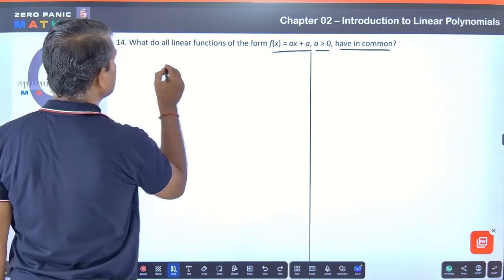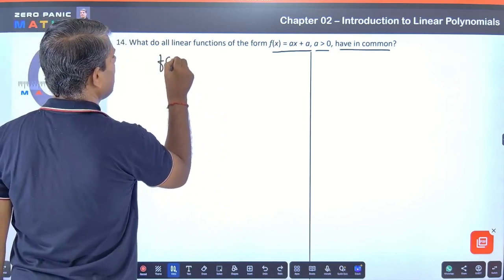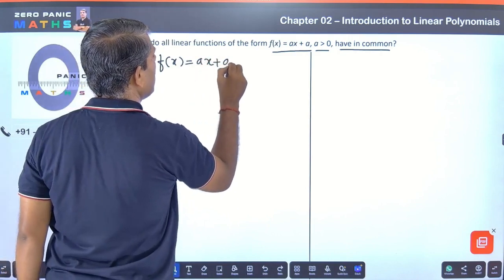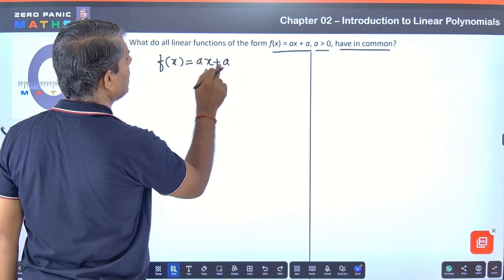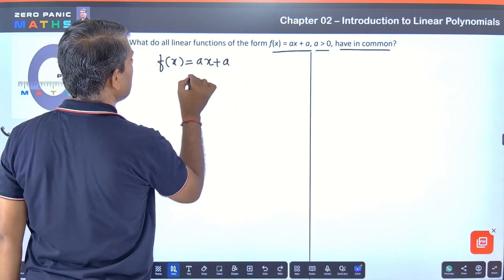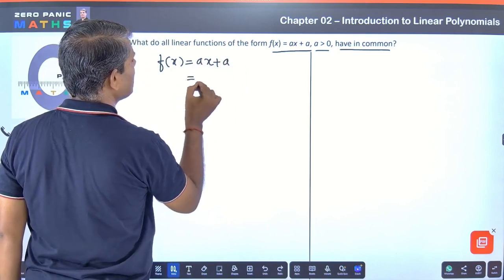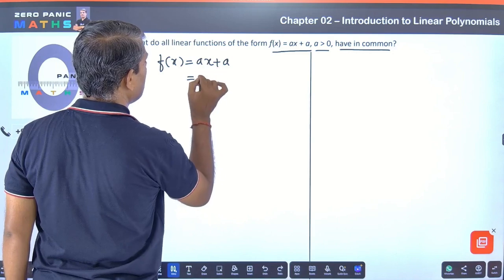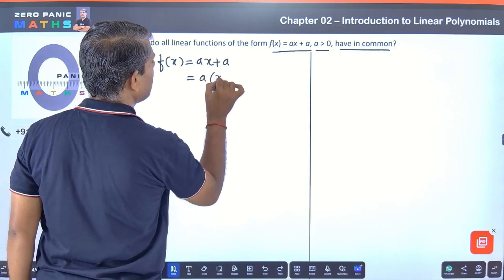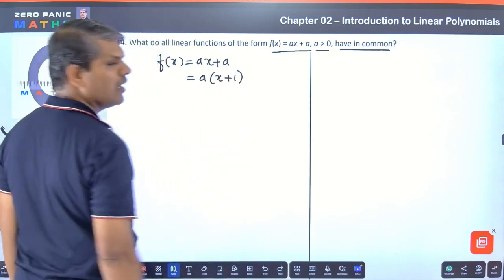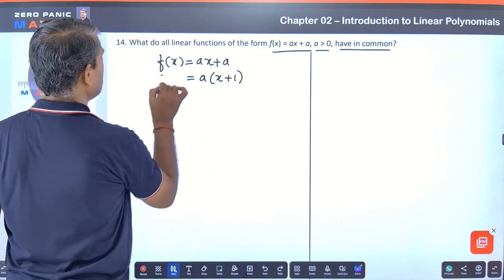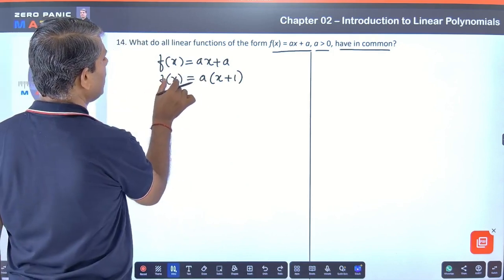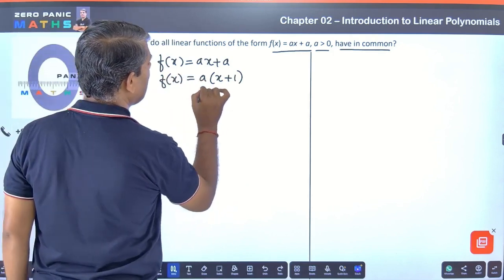Now let me take this equation first. f of x is equal to ax plus a. As a is common in both these terms, I can take a common and write it as a multiplied by x plus 1. So I can modify the function f of x as a times x plus 1.